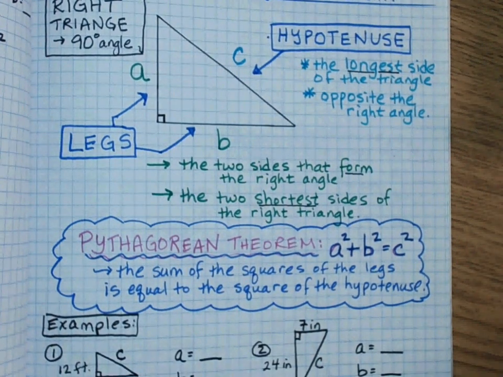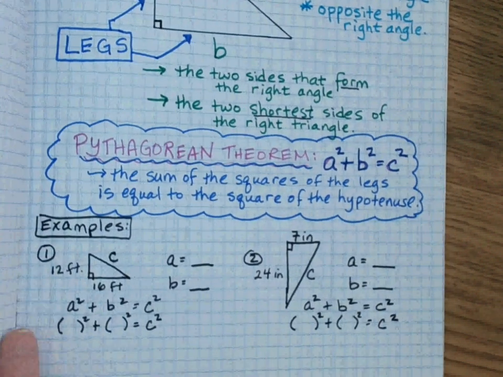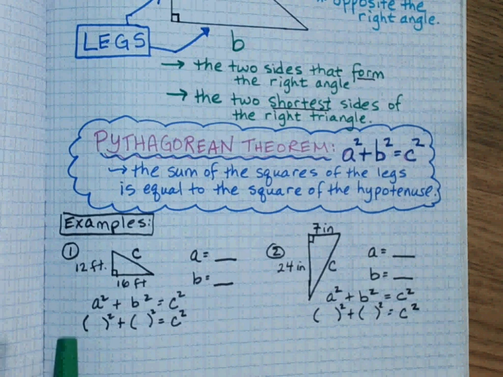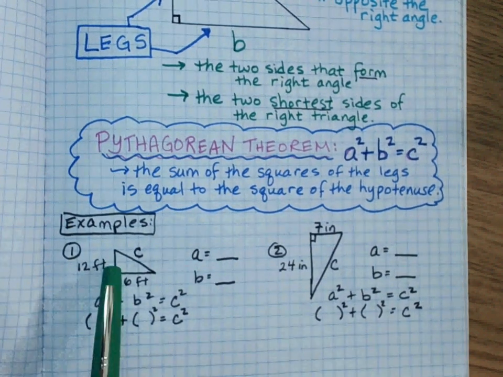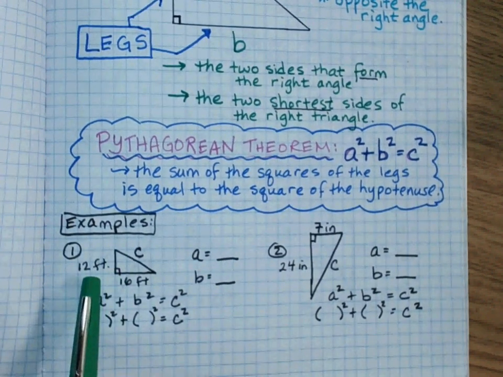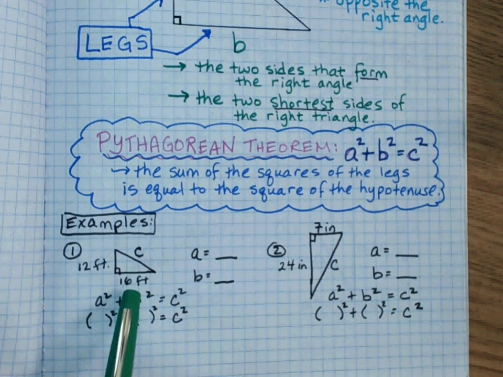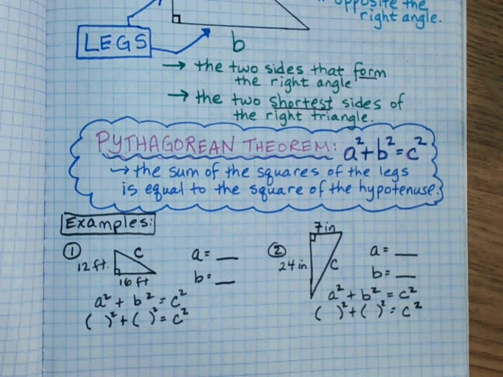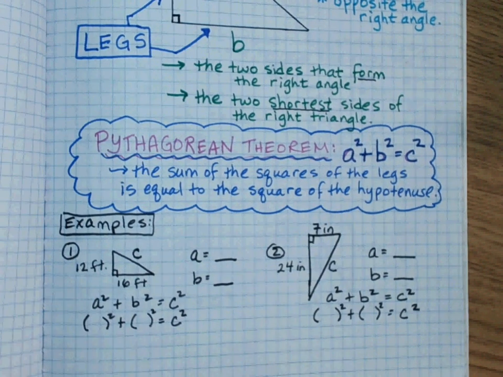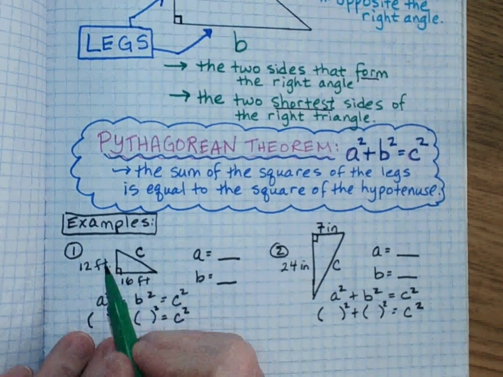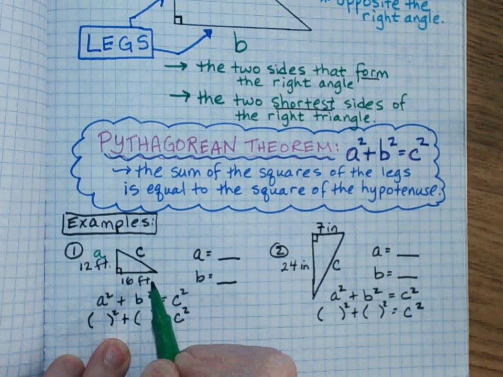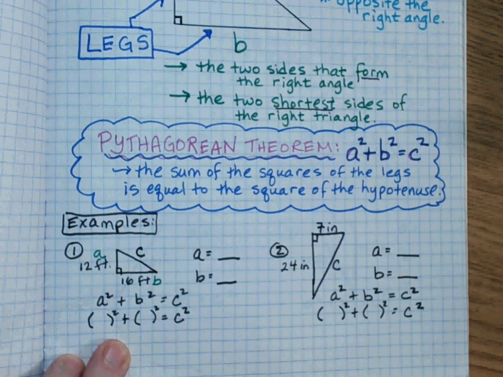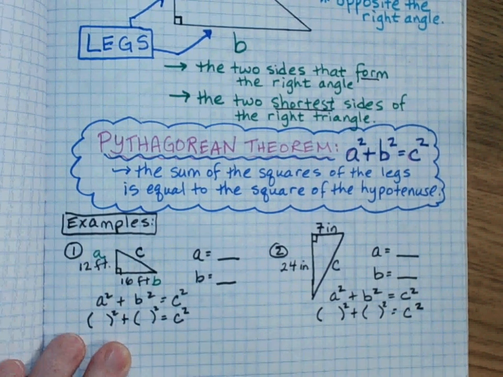So let's do some examples. In this first example, I have a triangle that has a side that's 12 feet, a side that's 16 feet, and then an unknown hypotenuse, which we call C. Now, it doesn't matter whether I call this side A and this side B, or the other way around, because they're both legs.